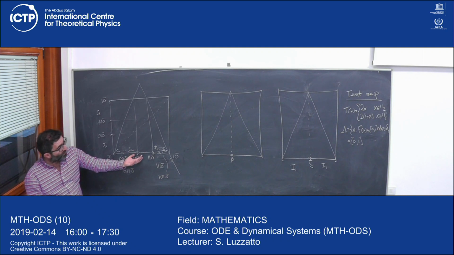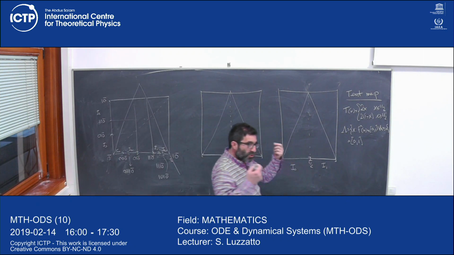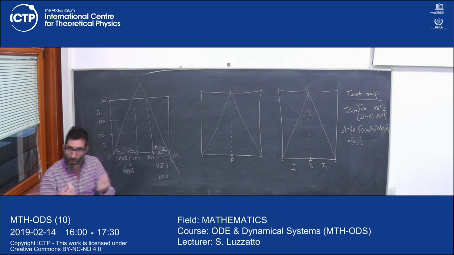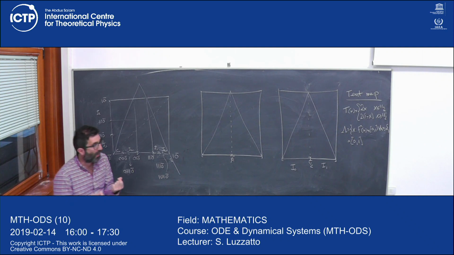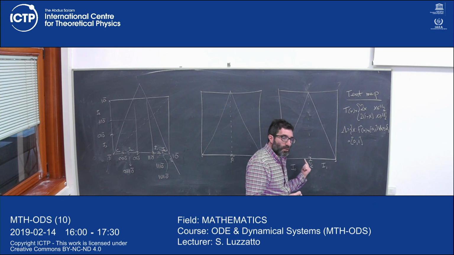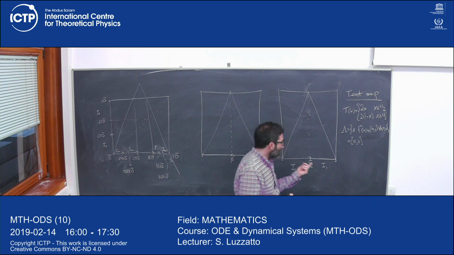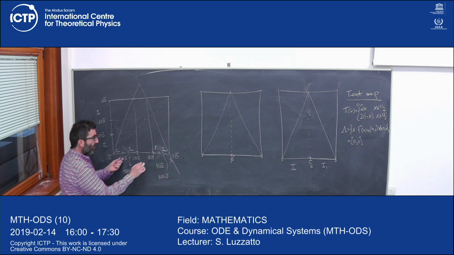So what we're doing here, when we go from this picture to this picture, is we're just gluing together all the corresponding boundary points of this Cantor set. So we're only affecting a countable number of points, which are all the pre-images of this one here, gluing together all the gaps.